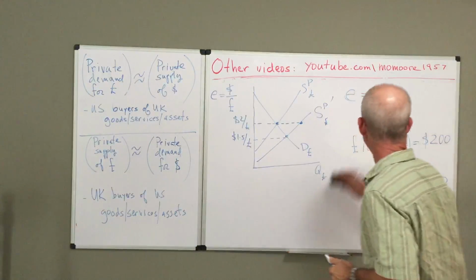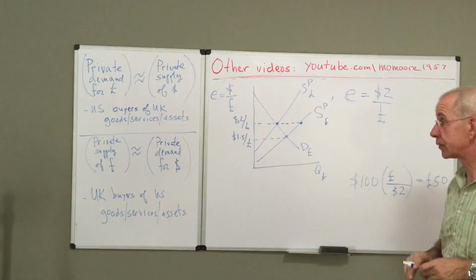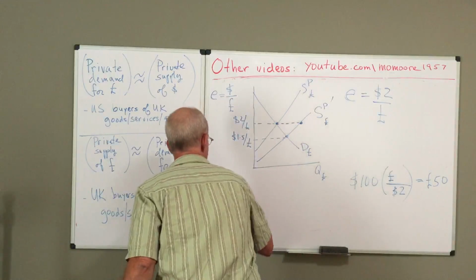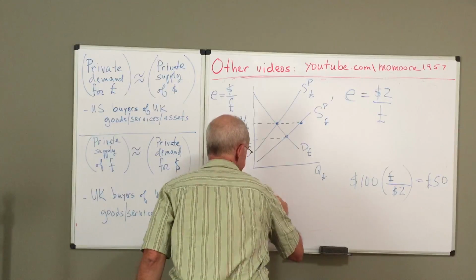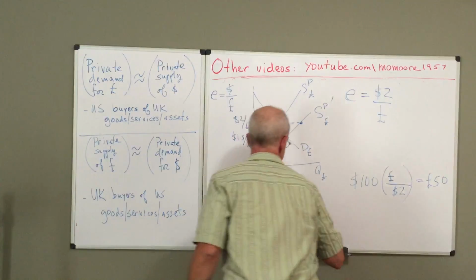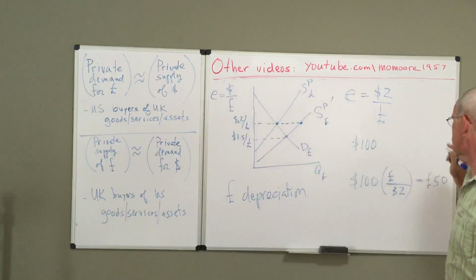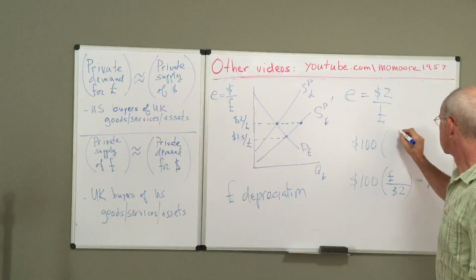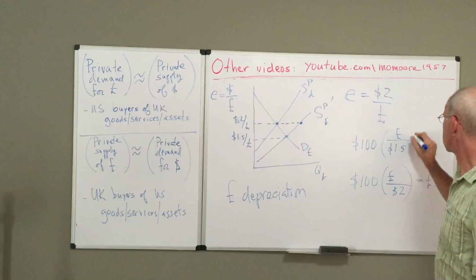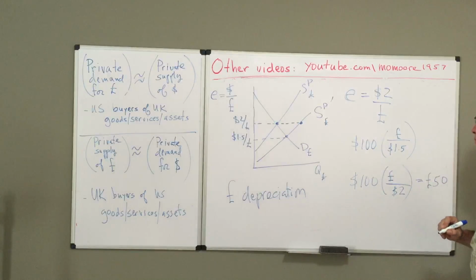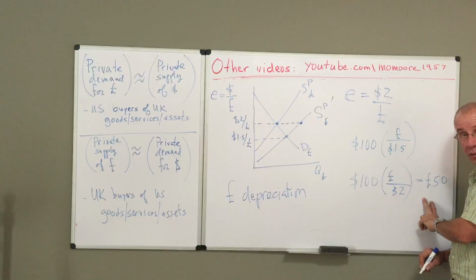Now, what does that do to the price of US goods? This pound depreciation means that same $100 will cost more than the 50 pounds that we had originally.